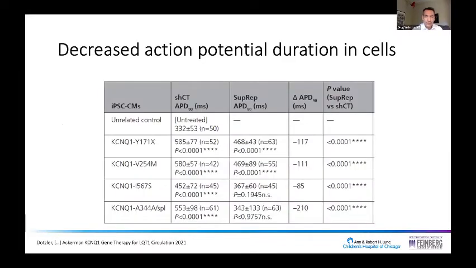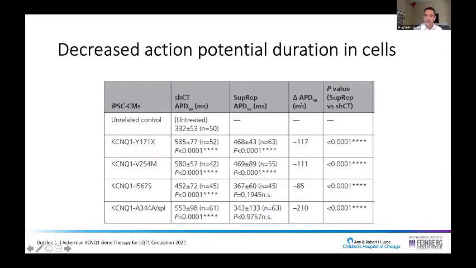And although I'm not going to go through this in detail, there are cardiomyocytes in this particular table that was abstracted from their work, where you have controls and you have 4 different lines of variants in KCNQ1. And here is the action potential duration. For the purposes of this, it is a marker that is similar to the QTc.